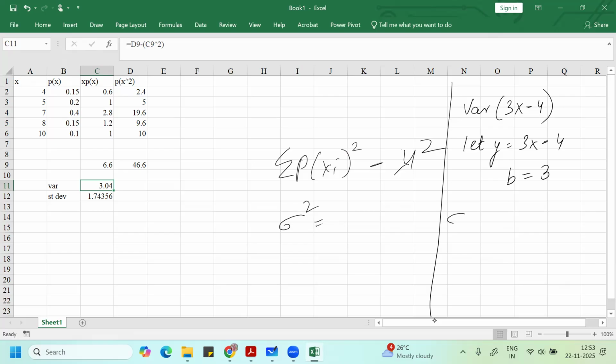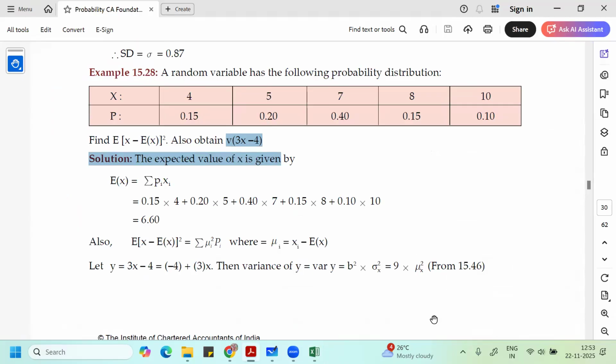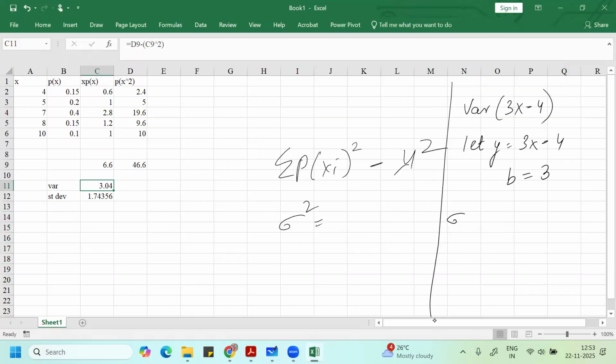So the standard deviation of y would be the modulus of 3 into the standard deviation of x.